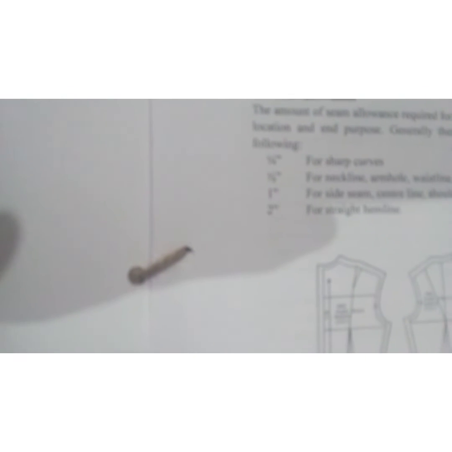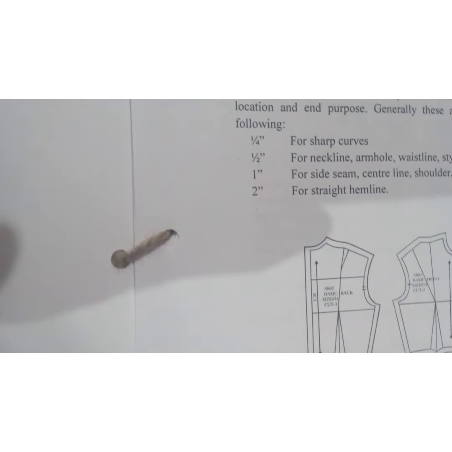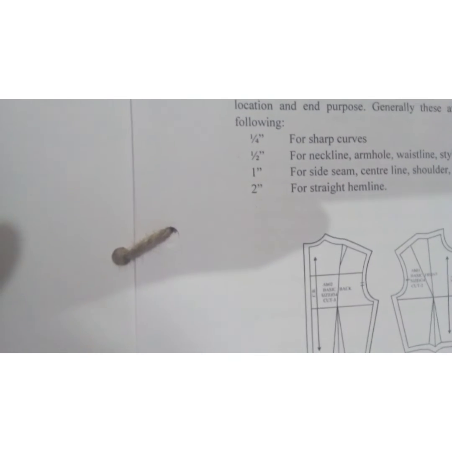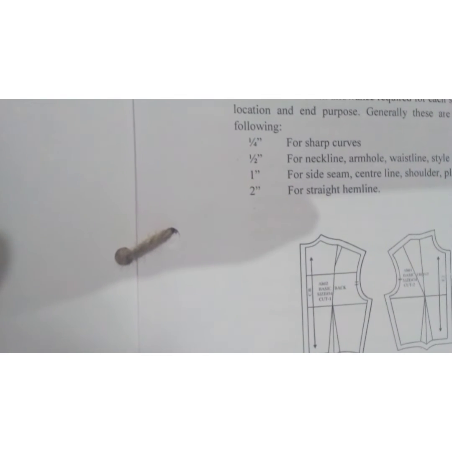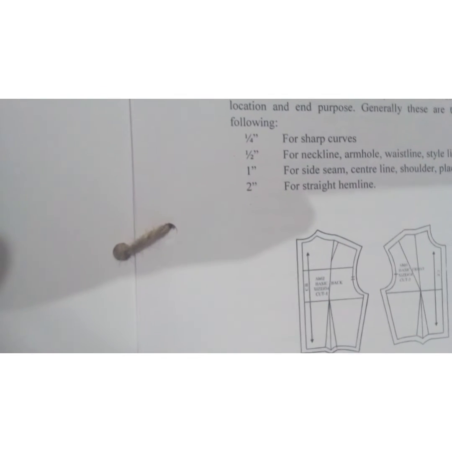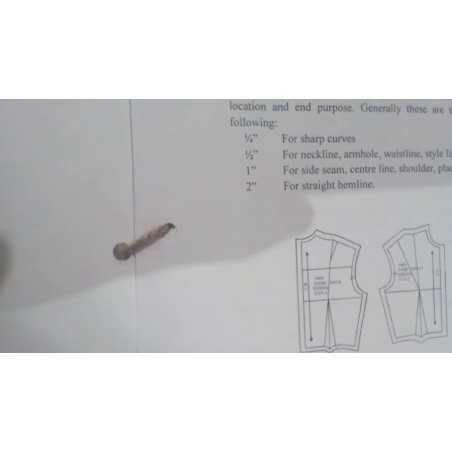1/4 means if we take 1 inch, that is divided by 4. So if this is 1 inch, this is half inch, this is quarter inch, and this is another quarter inch.